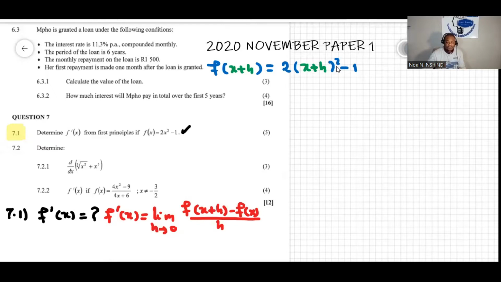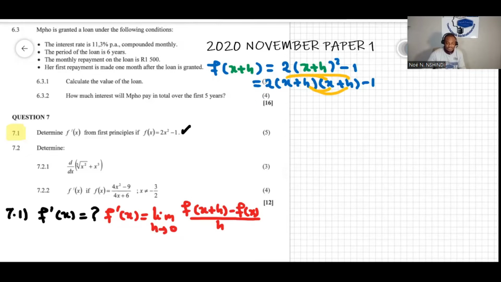So over here, we're going to write 2, open bracket, x plus h, close bracket, open another bracket, x plus h, and then minus 1. Now we're going to multiply this out: x times x, x times h, h times x, and h times h.